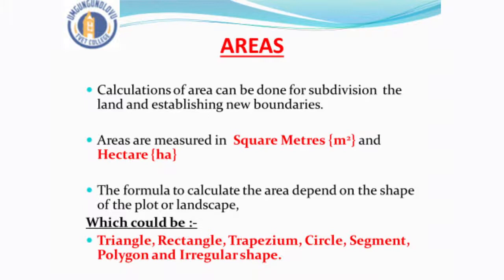It depends on the shape of the plot or landscape, which could be a triangle, rectangle, trapezium, circle, segment, polygon, or irregular shape. Each shape has its formula that you need to use when you are calculating the area.